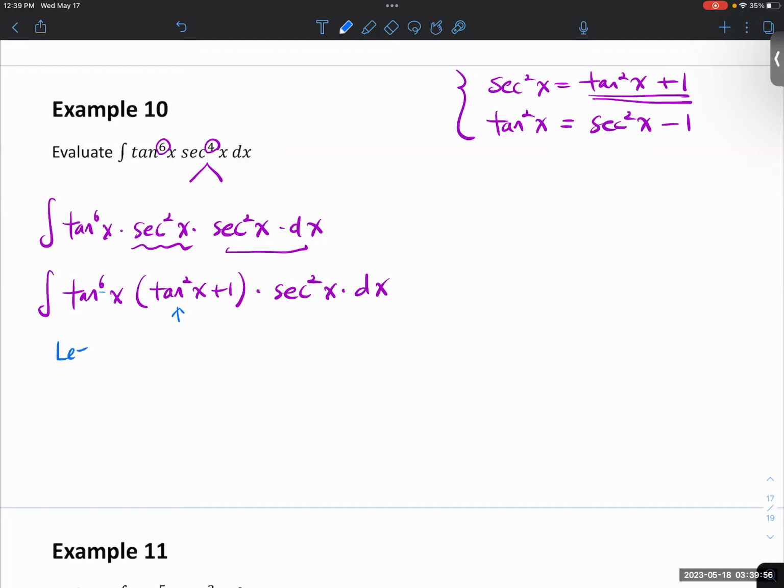So let u equal tangent x. So du over dx, we know that if you take the derivative of the tangent x, go to the table, it shows you secant squared x. So du equals secant squared x dx. Exactly, this is what I want here. That's going to be du.